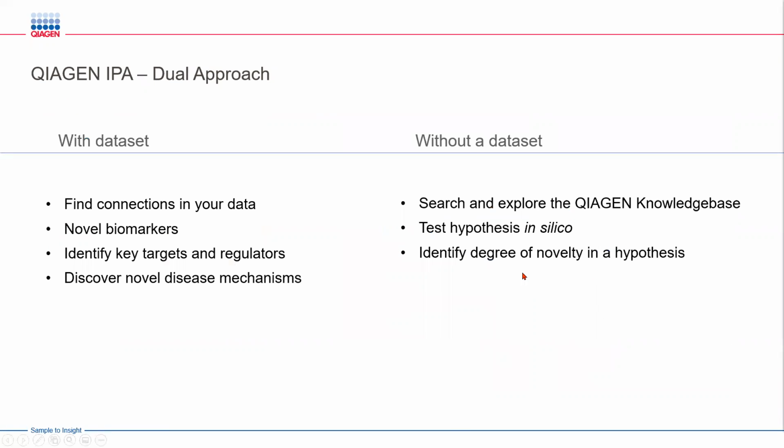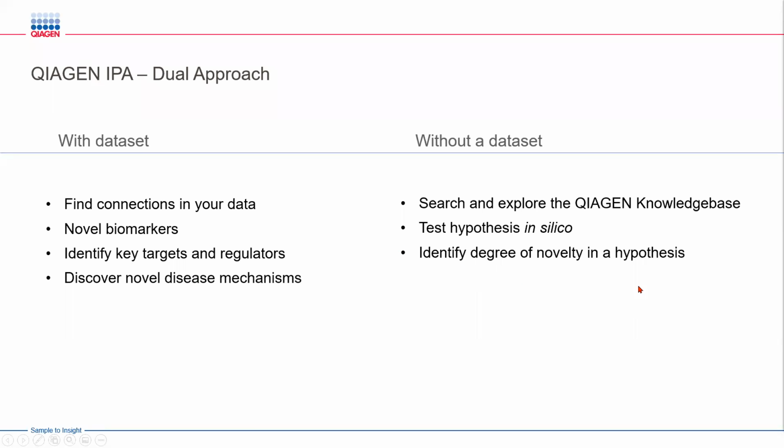Now, like I mentioned when we were discussing the agenda, you can utilize IPA in 2 different ways. One way is you leverage IPA when you come in with some sort of data like RNA sequencing data, proteomics data, metabolomics data, and then you can extract biological insights from that data.